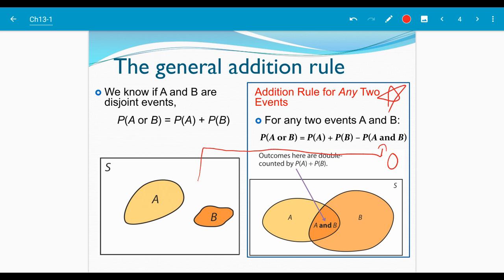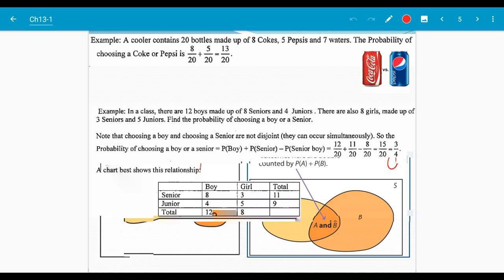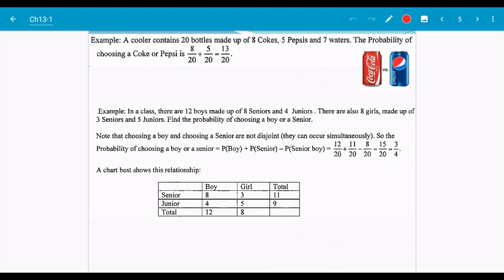All right. Let's try an example problem here. Let's say we're going on a picnic and we take a cooler, and there are 20 bottles in this cooler made up of 8 Cokes, 5 Pepsis, and 7 waters. We reach blindly into this cooler, okay, not looking, and only pull out one bottle. We want to know the probability of choosing a Coke or a Pepsi.